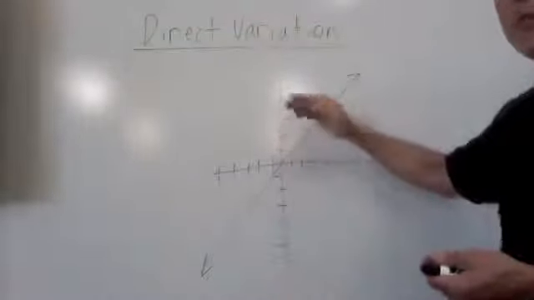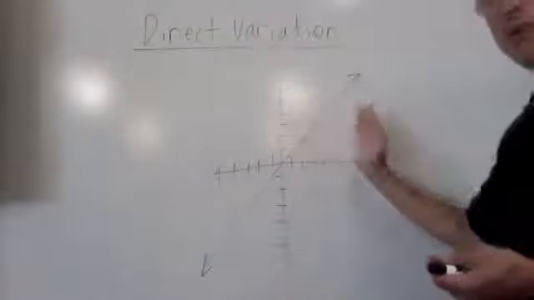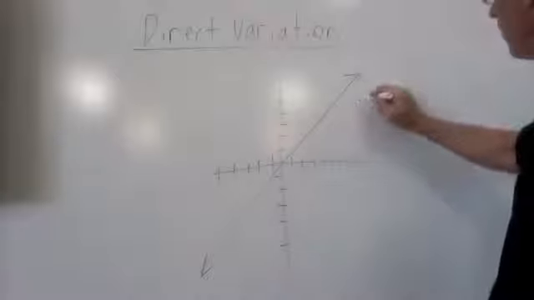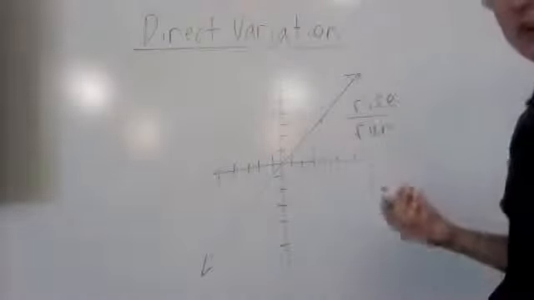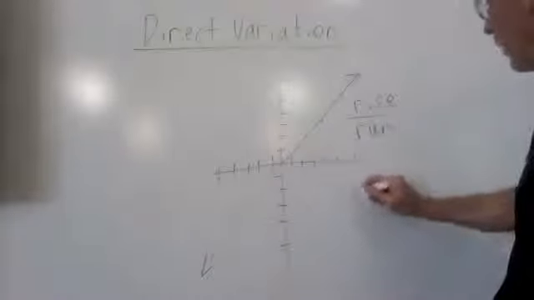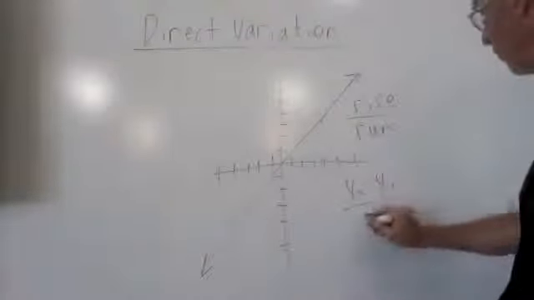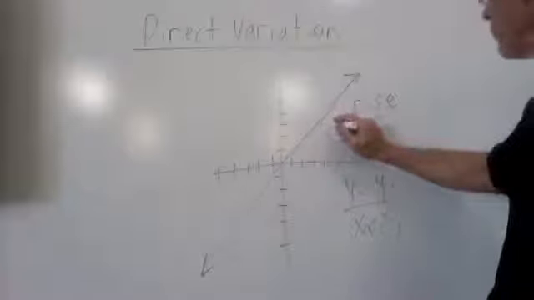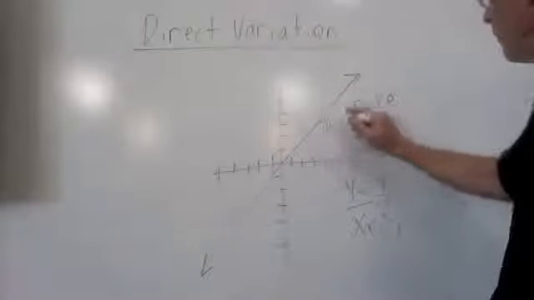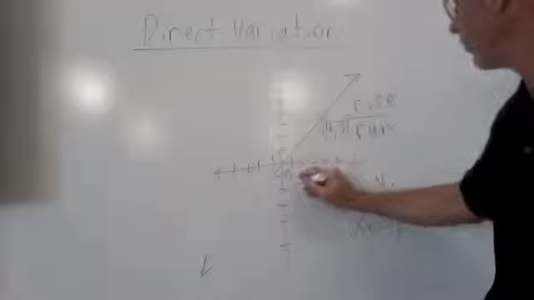Up the same, over the same, like stair steps again, and it's going to give you a straight line. The up and over business is rise over run, which is slope. And remember, that's y2 minus y1 over x2 minus x1. So I tried to hit over 4, up 3, so 4, 3, and I tried to hit 0, 0.